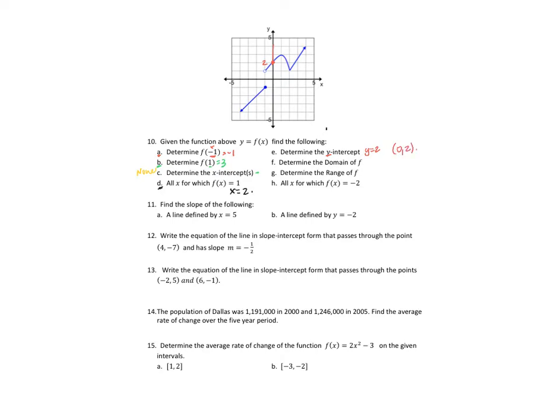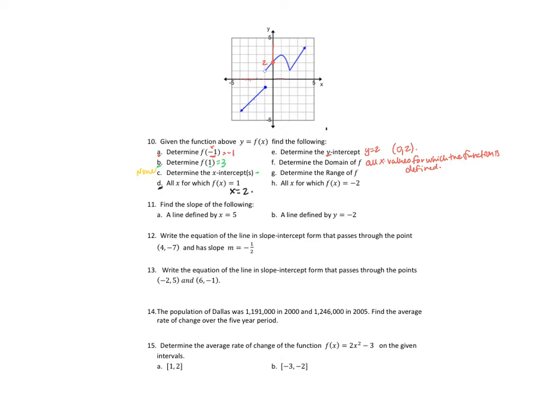Okay, the next one asks for the domain of f. That would be all the possible x values for which it's defined. And so if I go along here to all these different x values, I can see that I'm going to hit the graph at each of these x values.